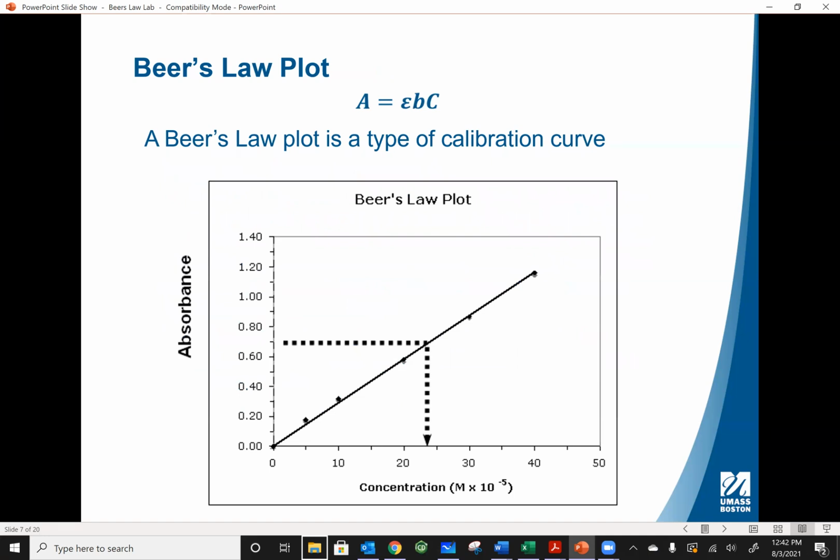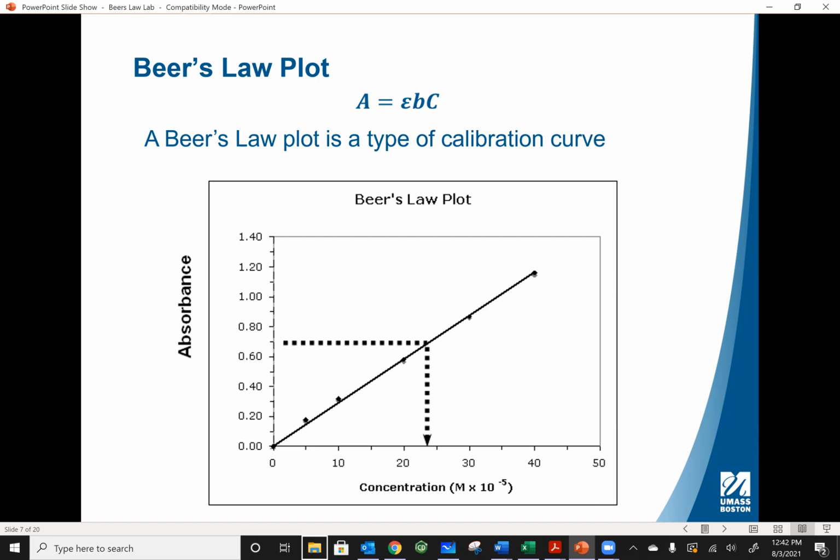And Beer's law we can plot. If we plot absorbance versus concentration, we get a linear relationship up to a certain concentration. And that concentration is going to be different for every molecule.